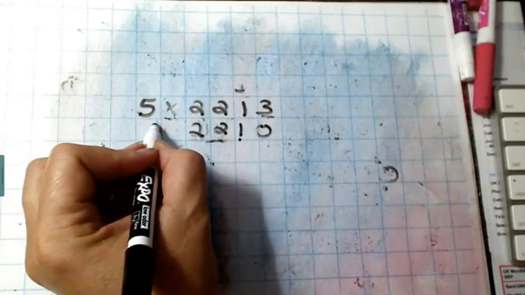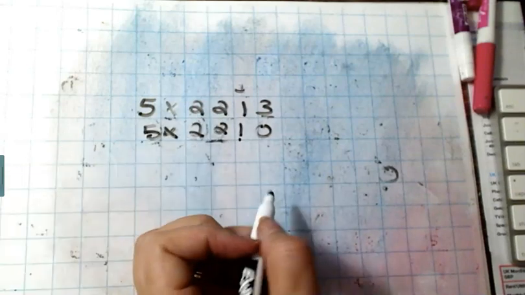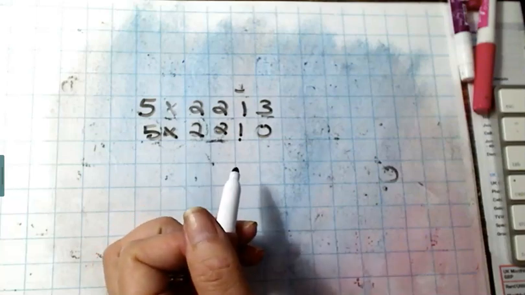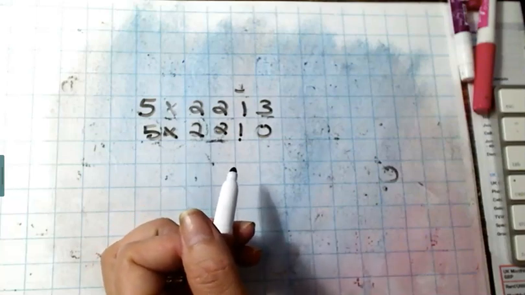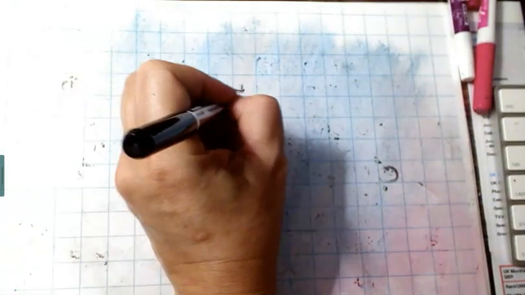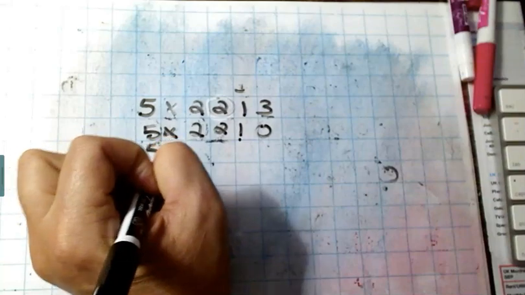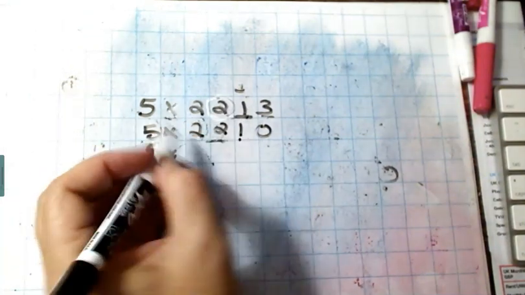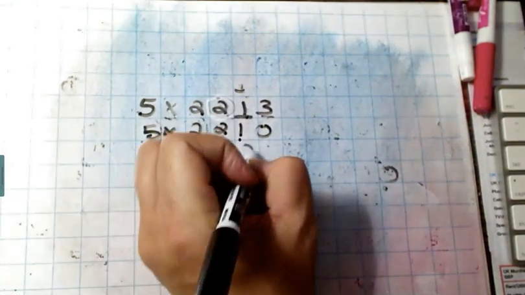That doesn't seem much easier for me to solve. I don't know if 5 groups of 2,210. I could round to the hundreds, which would be 5 groups of, well, let's see, the 10 is a 1, so that's still letting this 2 rest. So that would be 2,200. So some of you might be able to do that one pretty well. Good for you, but some of you might find this tricky.